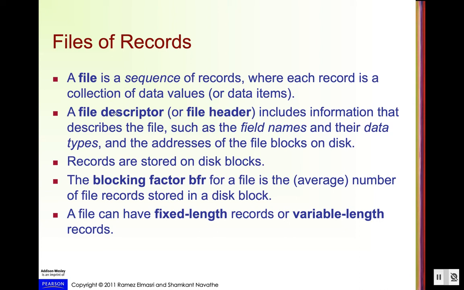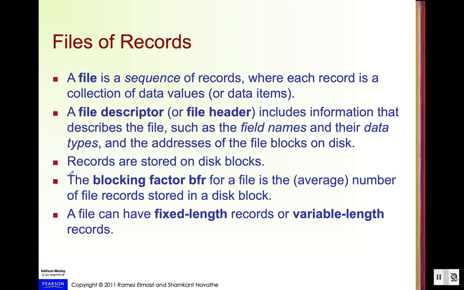Each file will have a file descriptor or file header that includes the information that describes the file, for example field names, their data types, and the addresses of the file blocks on the disk. So where the file is located on the disk, the address will also be in the file descriptor.